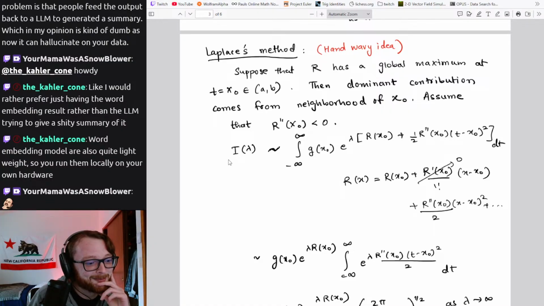Word embedding models are also quite lightweight, so you can run them locally on your own hardware.